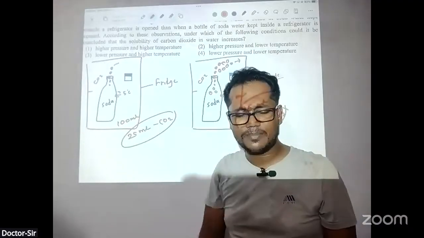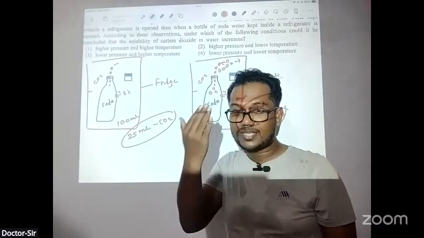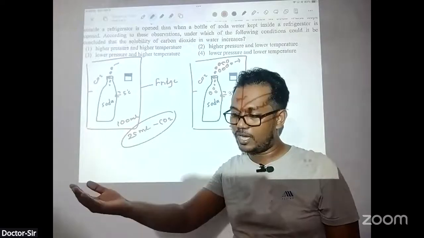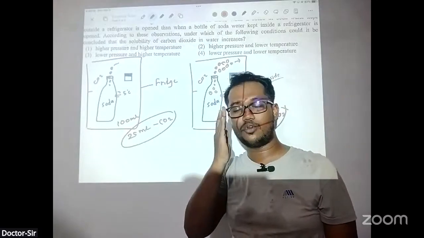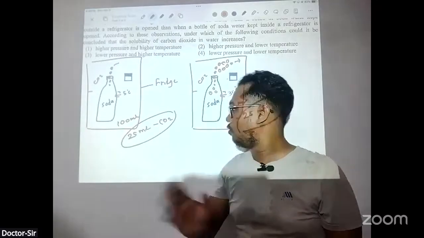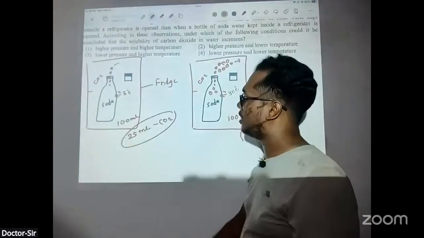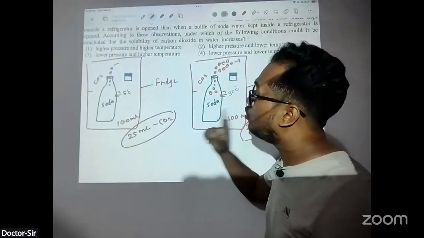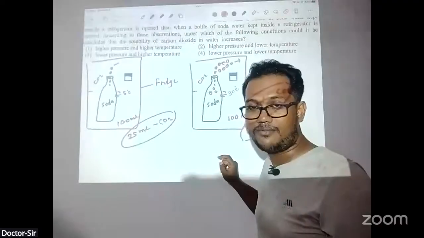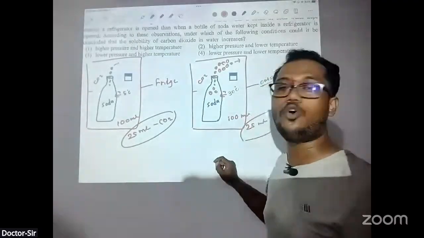Why is this gas coming out? You drink more gas with the soda. Why? Most of the gas is soluble in the soda or whatever the liquid. Okay, right. Now tell me, is solubility of the gas favorable at high temperature or low temperature?